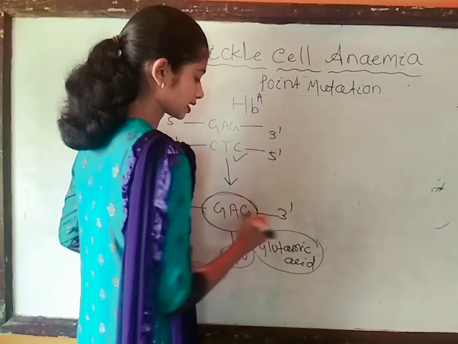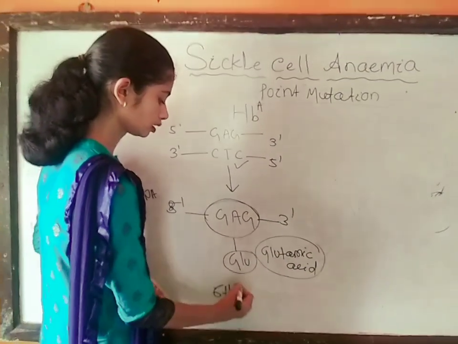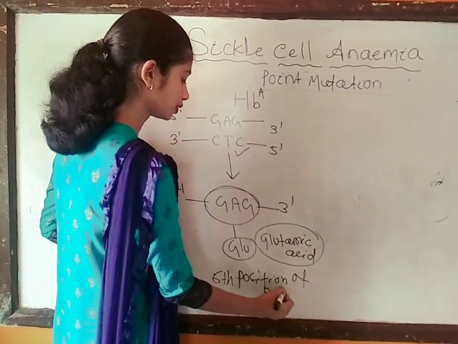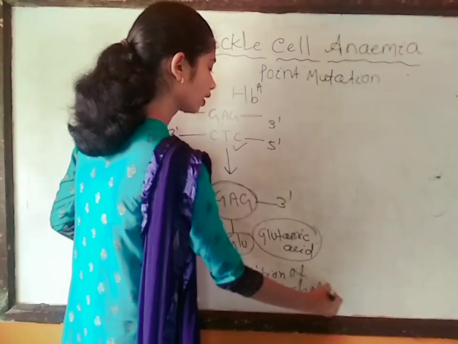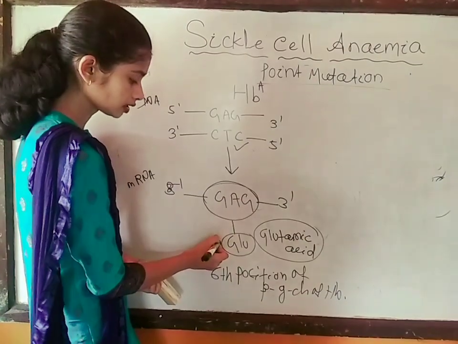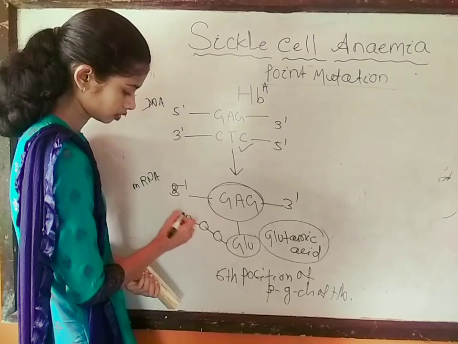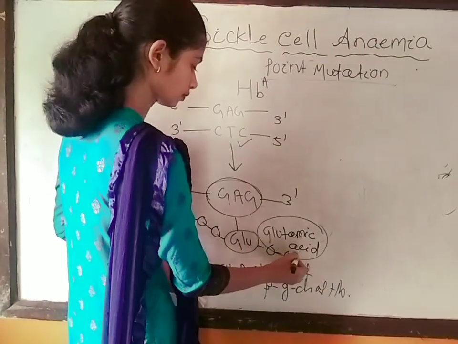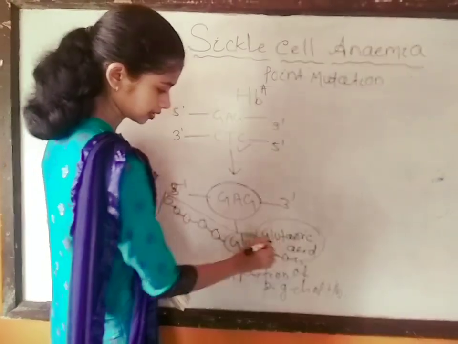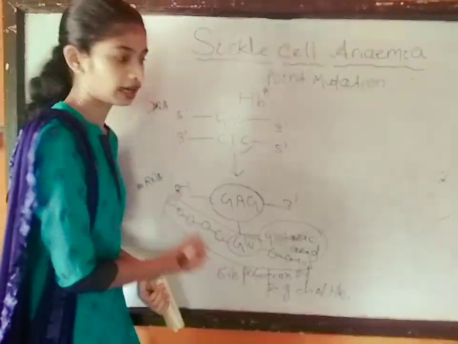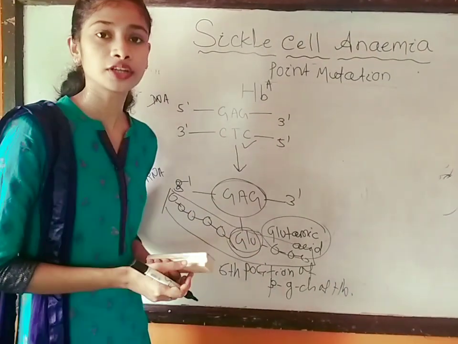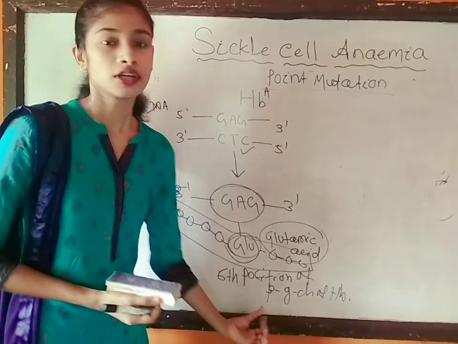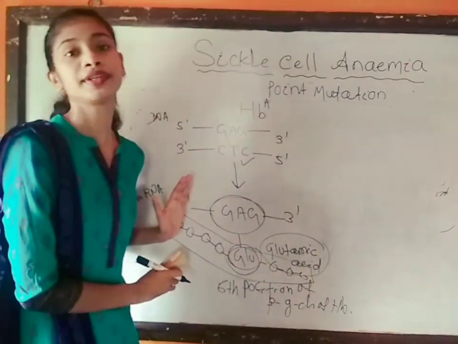Before that 5 amino acids are also present, but it is not necessary to take them out. So what is this chain? This is a beta globin chain, this is the 6th position, and glutamic acid is present at the 6th position of the beta globin chain. So it's a healthy or normal beta globin chain.